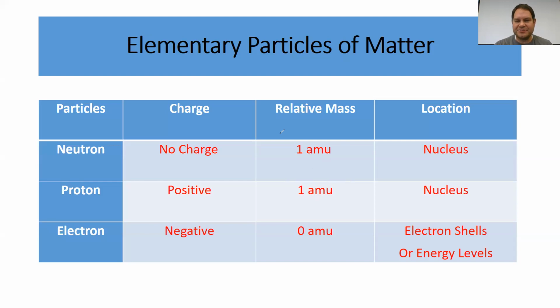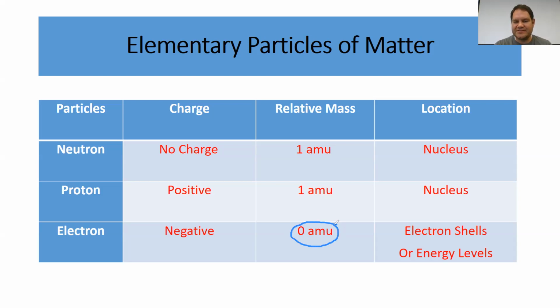All right, and a neutron, because it's the same size, is also assigned a relative mass of 1 atomic mass unit, or 1 AMU. Because the electron is so small, really, really tiny, an inconceivable amount of mass, we've essentially assigned the electron 0 atomic mass units, or 0 AMU.